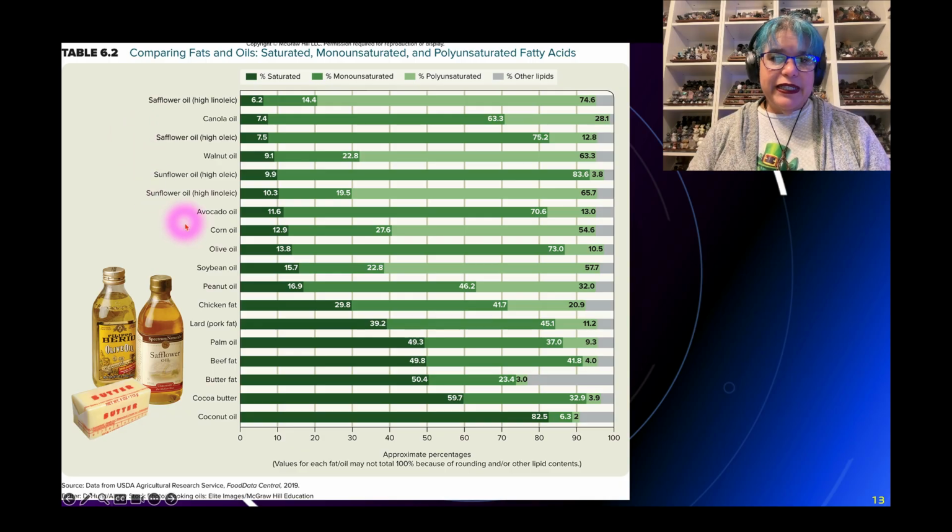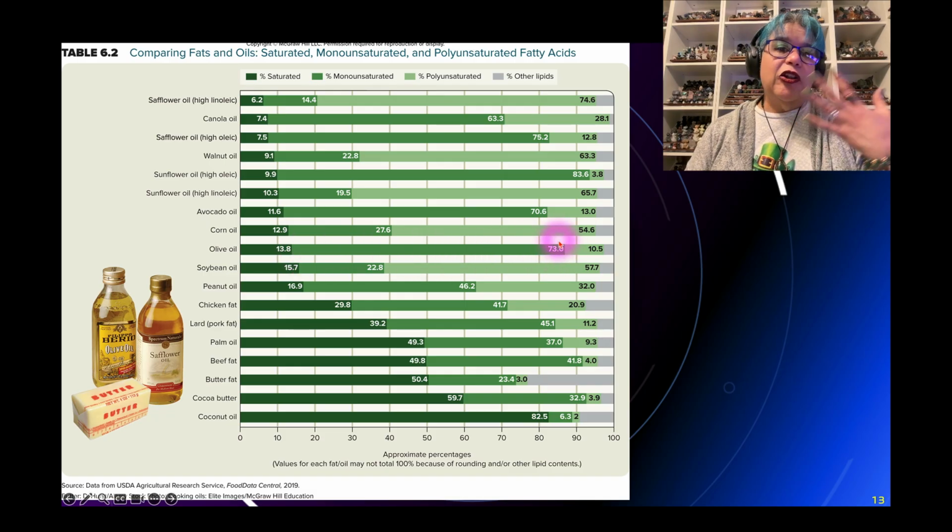But when you look down here at olive oil, this is actually really healthy. If you think I need something with a lot of monounsaturated, olive oil is pretty easy to find. I'm not sure about safflower oil, specifically high oleic version, but I know that I can find olive oil.